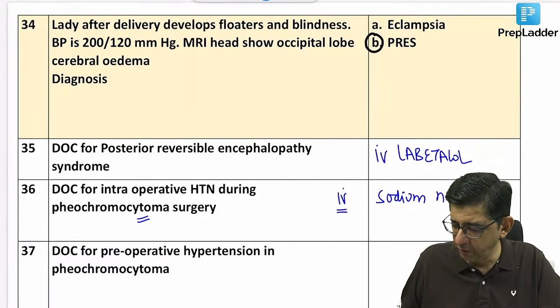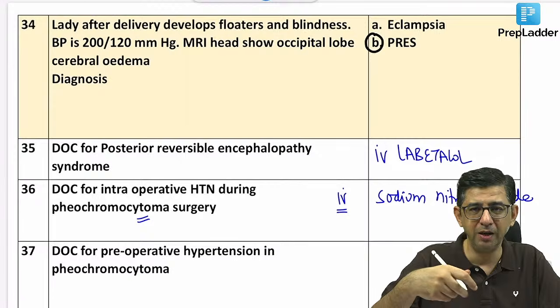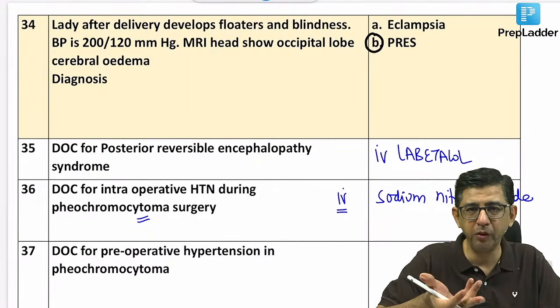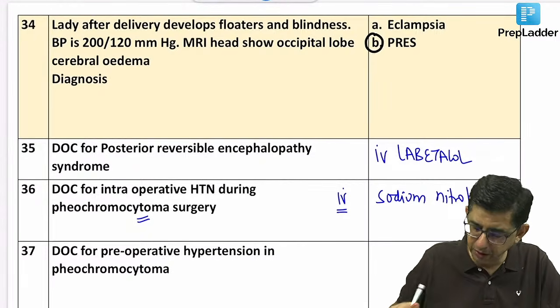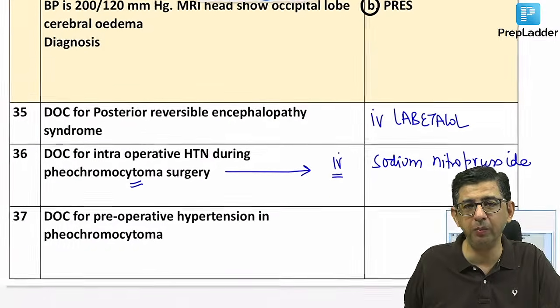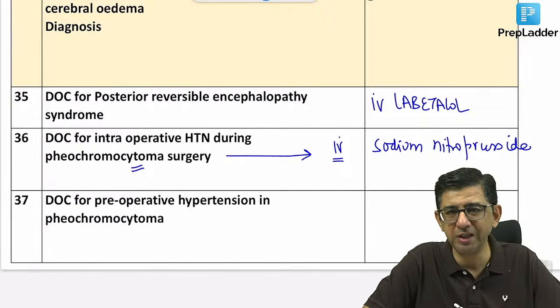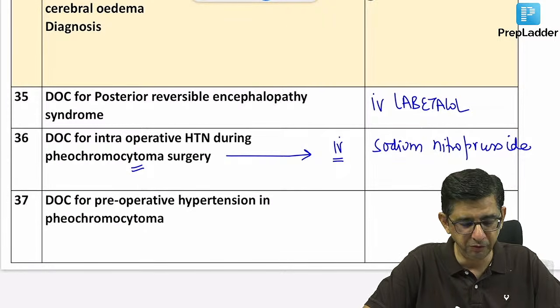So sodium nitroprusside is a very good drug to control elevated blood pressure, but because it causes a very precipitous fall in the blood pressure and there are concerns for toxicity, it would be answered only for management of pheochromocytoma surgery. Otherwise, the answers are going to be labetalol and nicardipine for CNS events, and nitroglycerin for cardiac events.